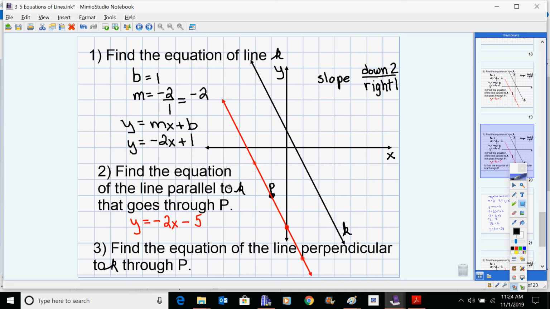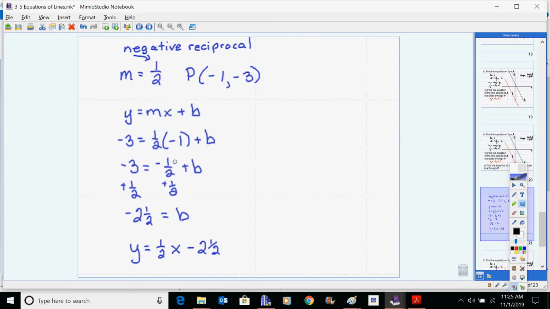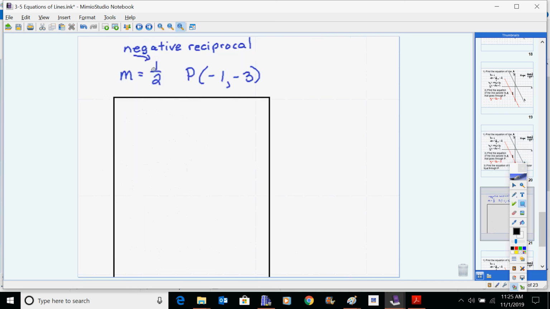So the negative reciprocal not only flips it over, but it also makes the negative into a positive. So we're going to need to use that, the negative reciprocal, to get our new slope to go through point P, and then do the same thing to find the perpendicular line.